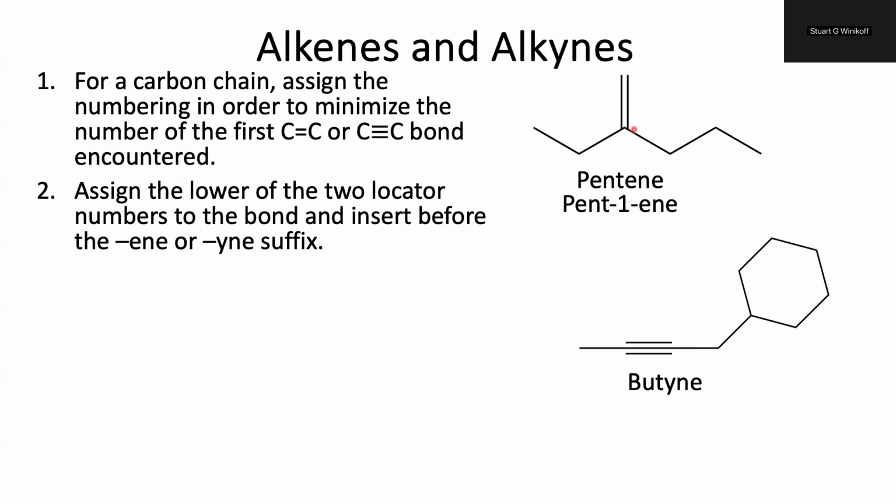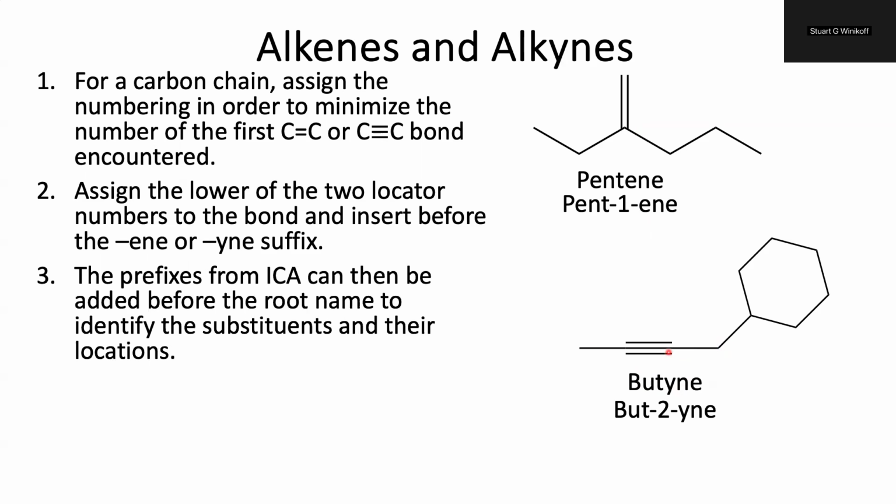So that gets our name as opposed to pent-4-ene. Then we can apply the same principle to our butyne. This time, however, we have a little bit more freedom. If I start on this end, it's 1, 2. But if I start on the other end, again starting here, because this is where the carbon chain starts, 1, 2. So either way, I have a but-2-yne.